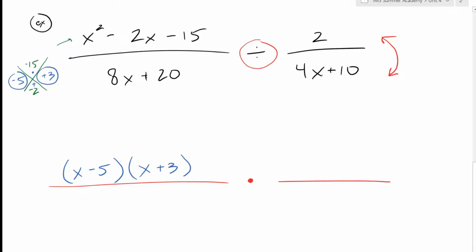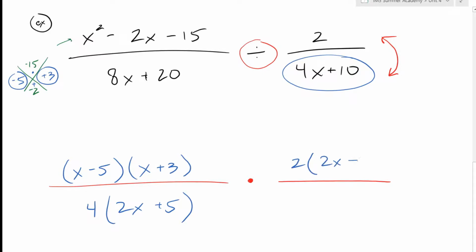On bottom, we'll GCF out a 4, leaving me with 2x plus 5. Now this one I'm going to flip, so I'm flipping and factoring at the same time. This is now on the top. Factor out a 2, leaving me with 2x plus 5, and on the bottom a 2.